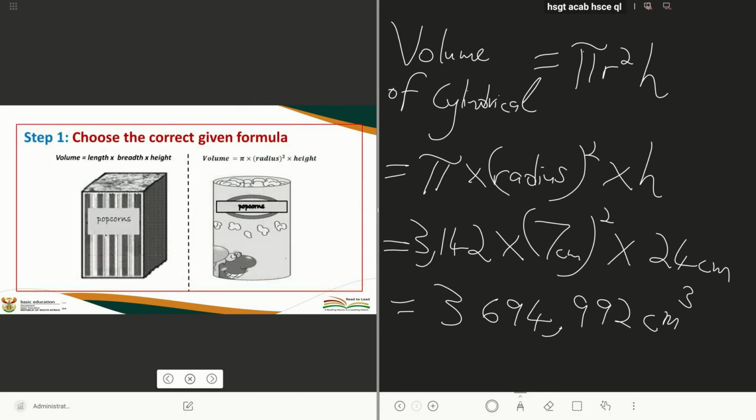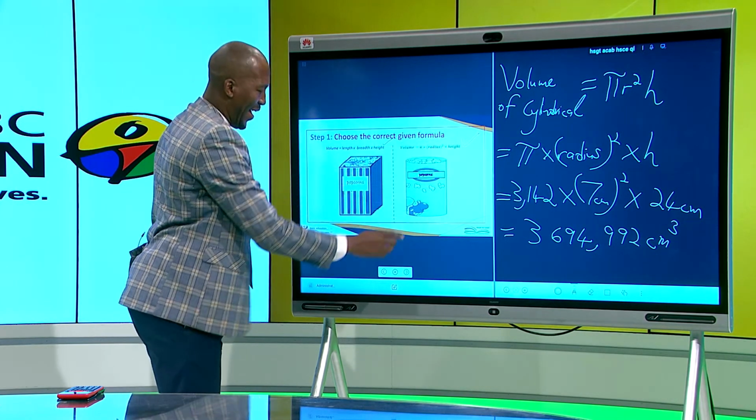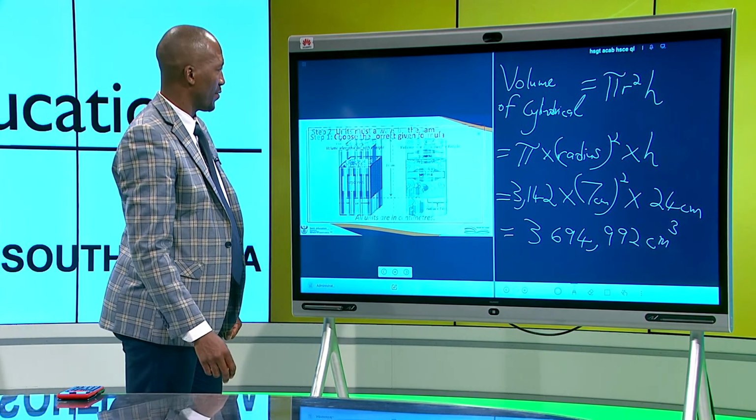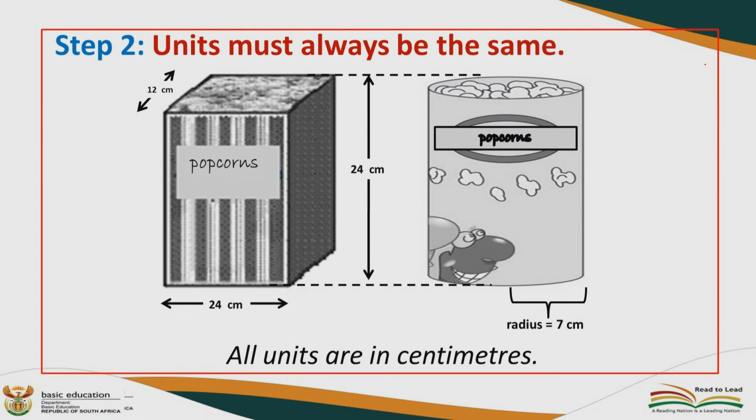We look there. There are our formulas. Length times breadth times height. Pi multiplied by radius squared multiplied by height. And the units must always be the same. Step number 2, the units must always be the same. So the units are the same.